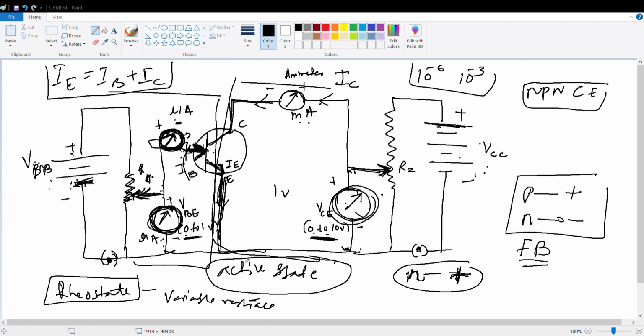So I am giving this AC signal. So this is an amplifier. What does the amplifier do? It will convert it into a bigger one by not distorting the signal.